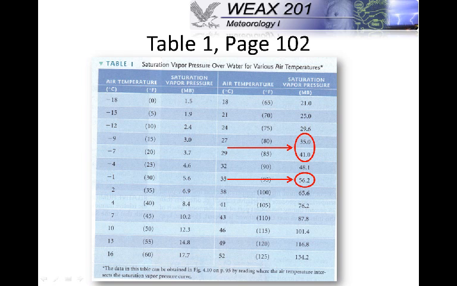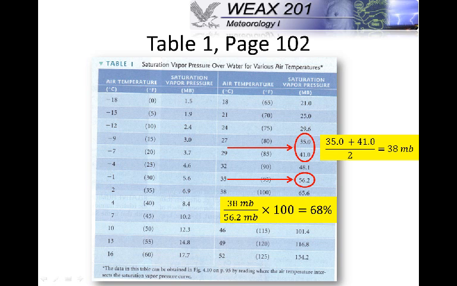The dew point temperature was computed at 28 degrees Celsius. Now that's between two values here on our chart. So what we're going to do is we're going to average out the vapor pressure here by adding 35 plus 41 and dividing by 2, and we see that when the temperature on this chart is 28 degrees Celsius, the vapor pressure is 38 millibars.